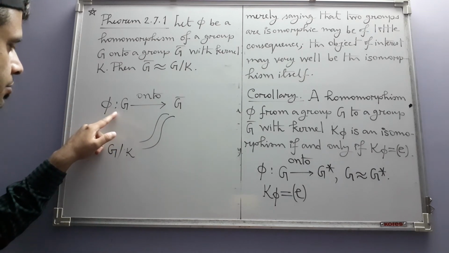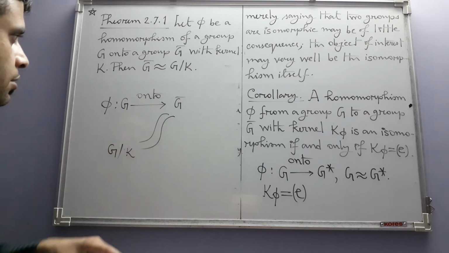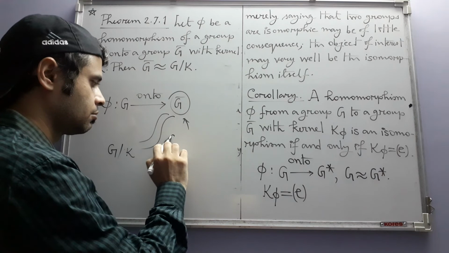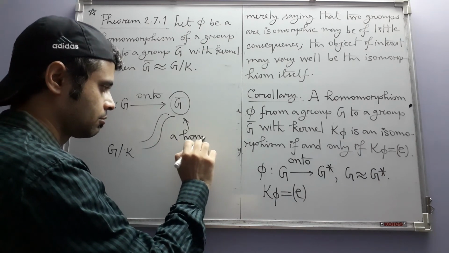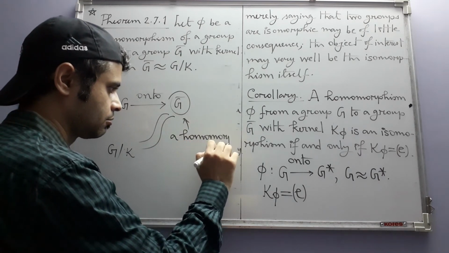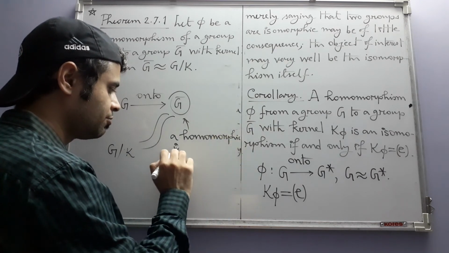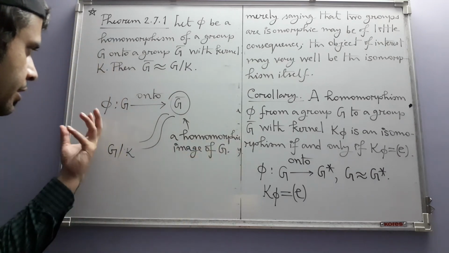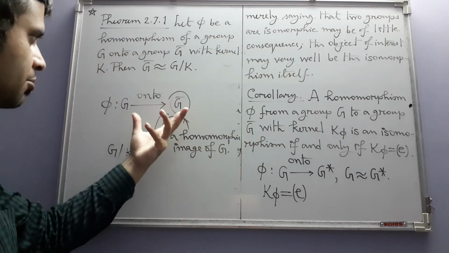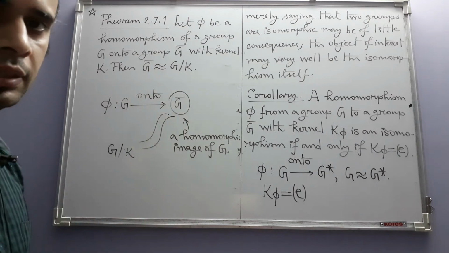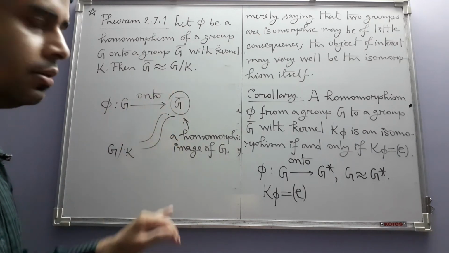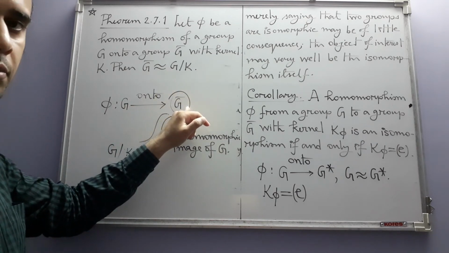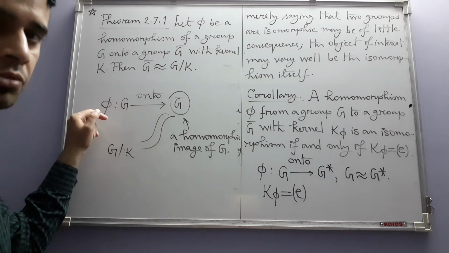Note that G bar is a homomorphic image of G. That is, it is the image of some homomorphism applied on G. That is, it is equal to phi of G. And because it's onto, we will get the entire G bar from G and phi.